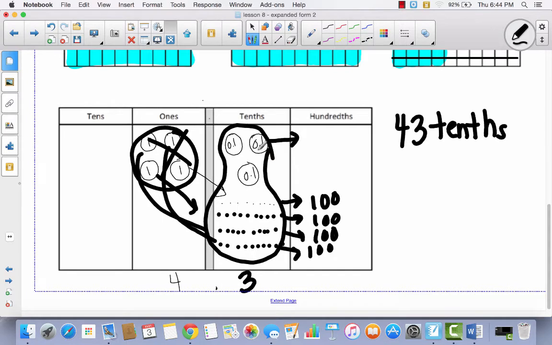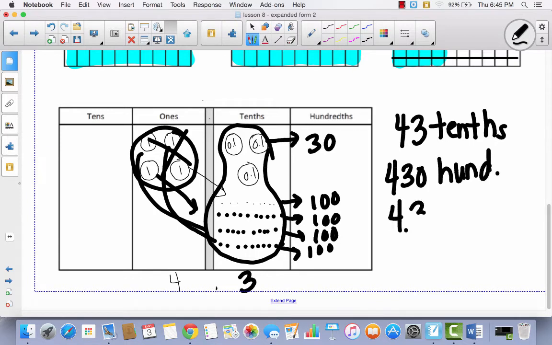And this up here would be how many? 10, 20, 30. So we would have 100, 200, 300, 400, 30. So this would be equal to 430 hundredths. And I'm going to abbreviate that. So 4 and 3 tenths is equal to 43 tenths and is equal to 430 hundredths. Are you seeing a pattern there?